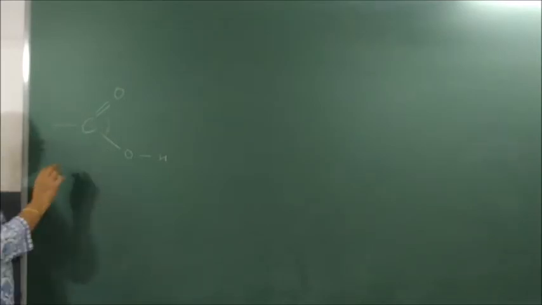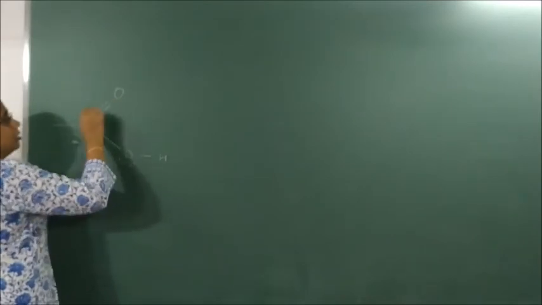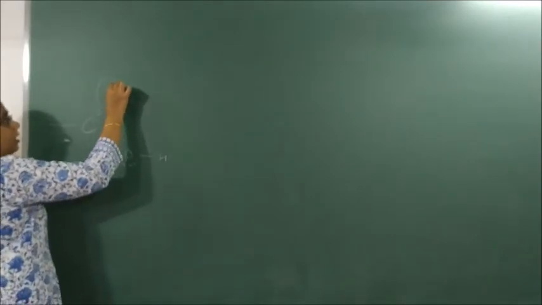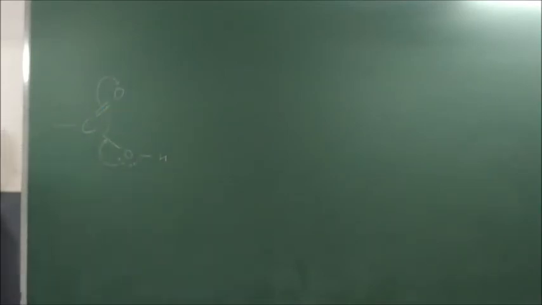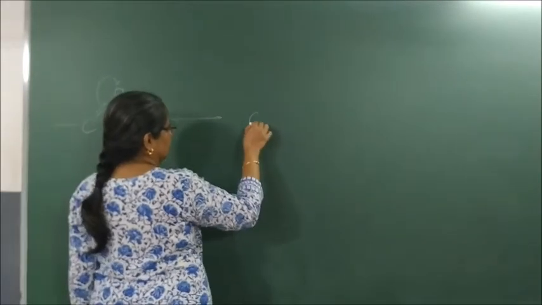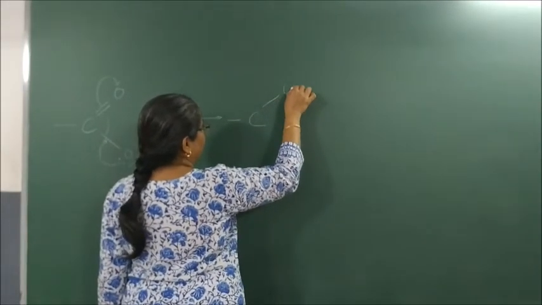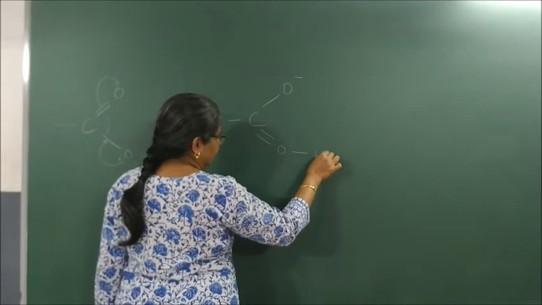Now you have lone pair electron. The double bond shifts and this lone pair electron comes here as a bond. So our next resonating structure will become C, single bond O negative, double bond O and then H.